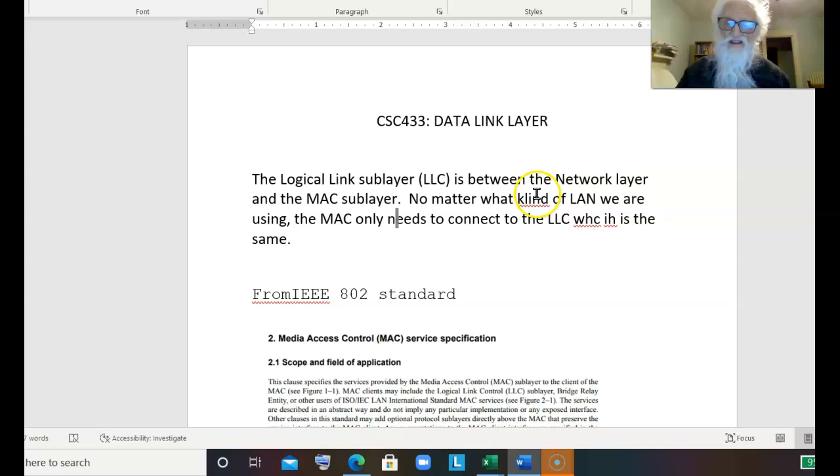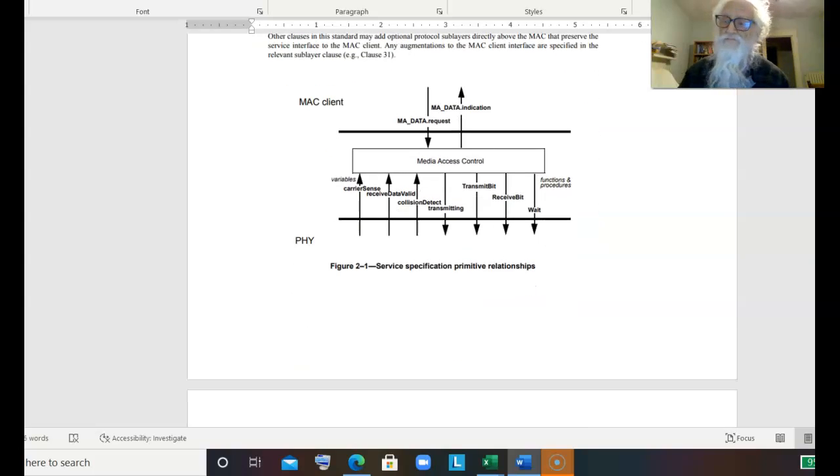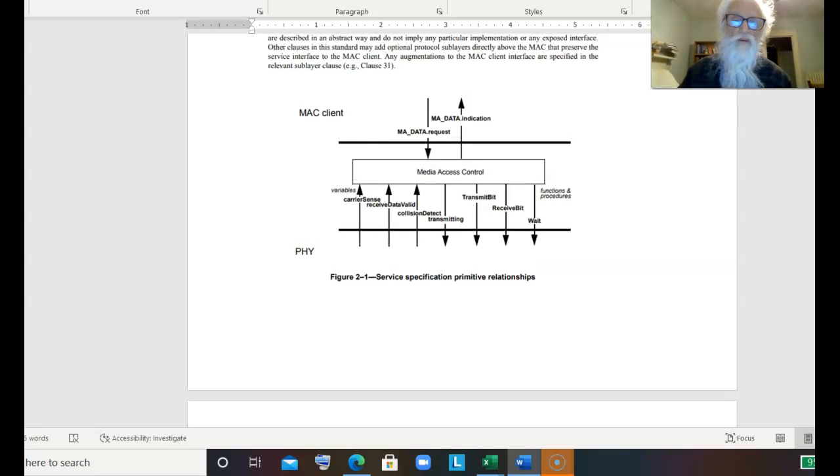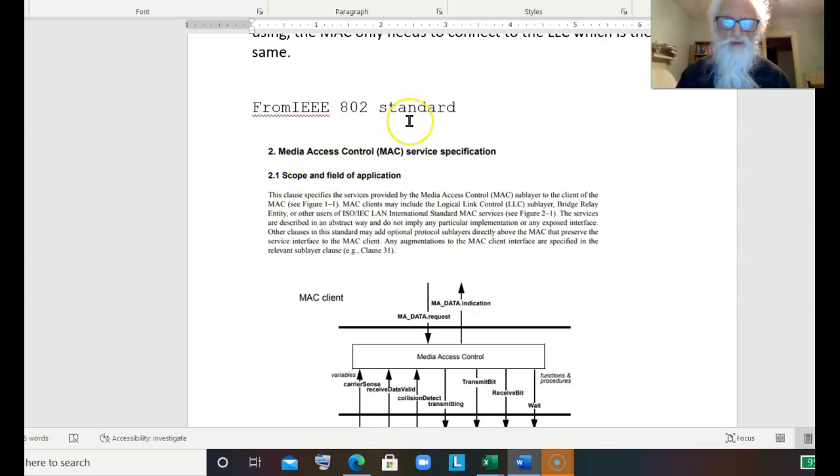Now, there isn't much I can say about this, because the biggest problem for us, for trying to describe it, is that we don't use it much. It turns out that the LLC is really not used by Ethernet. I do have here from the 802.2, I think it is, or 802.3, this shows you the MAC client.